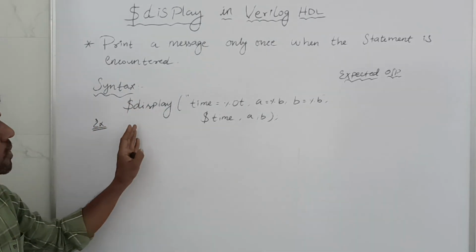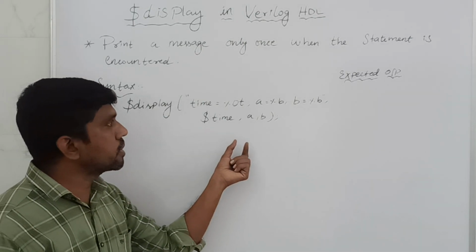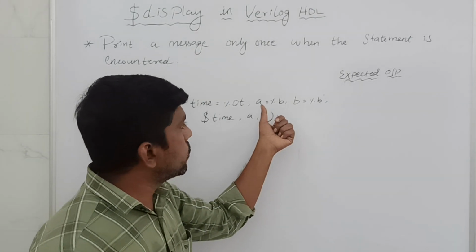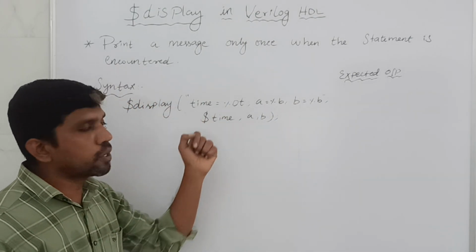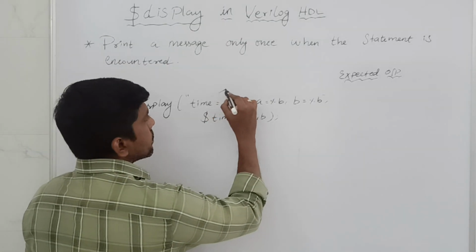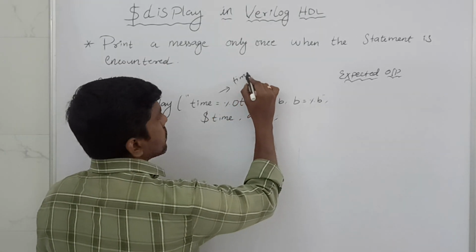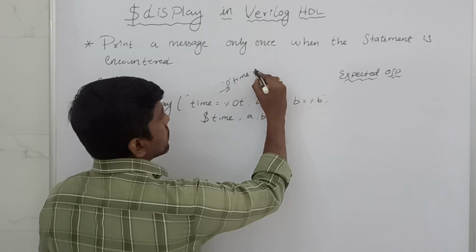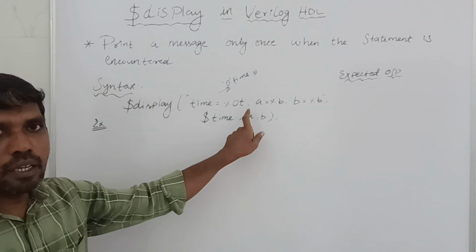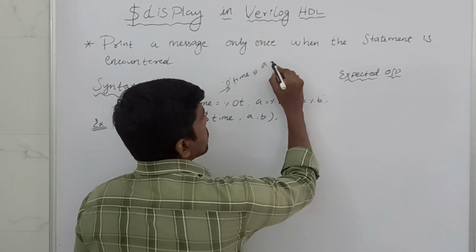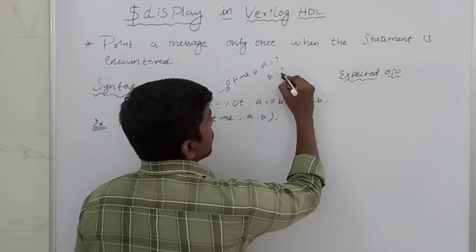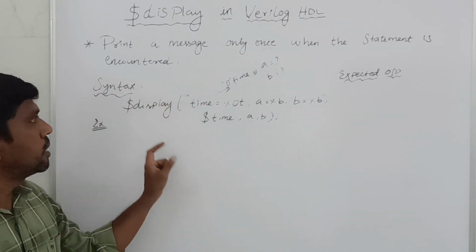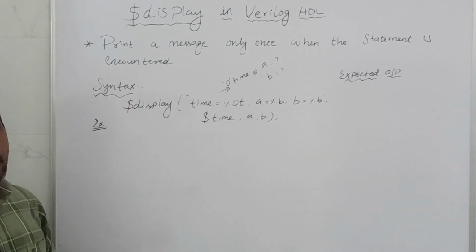So it's the syntax of $display. In this syntax I just display the value of a and b at time equal to 0. At the 0th time period, what is the value present in a and b? That is displayed using the display statement.